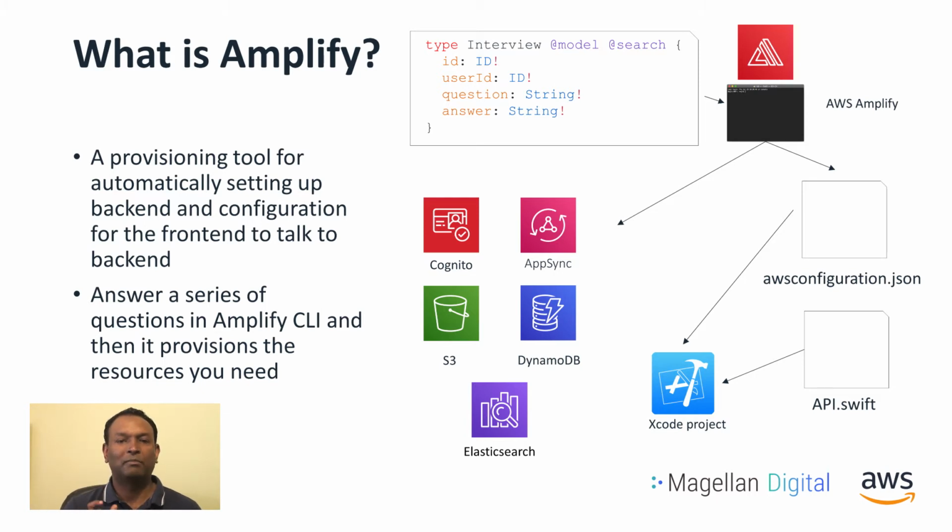So if we are updating a data model, it'll update the API to call that function. It also updates the database and other services that are part of it. So we go through our iterations that way. When we're going through our sprints, it's easy to make and automate those changes.